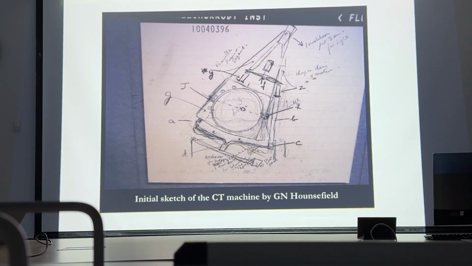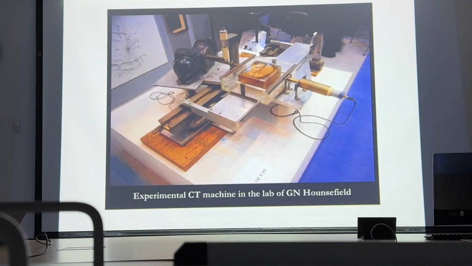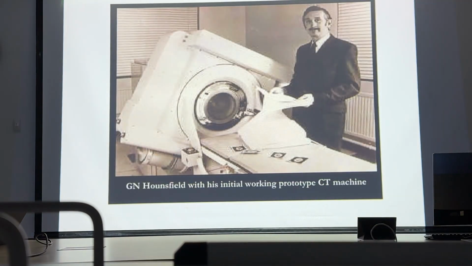This demonstration is of the initial sketch of the CT scan machine by this inventor, and this is the image of the experimental CT machine, and this is our respected scientist with his initial working prototype CT machine.